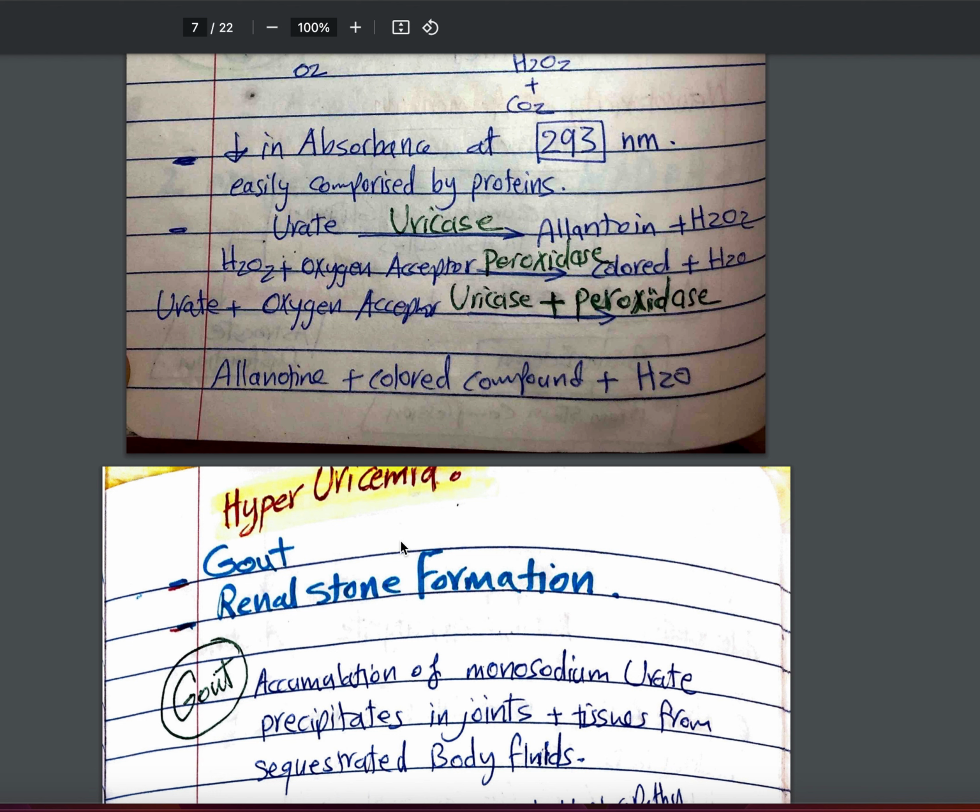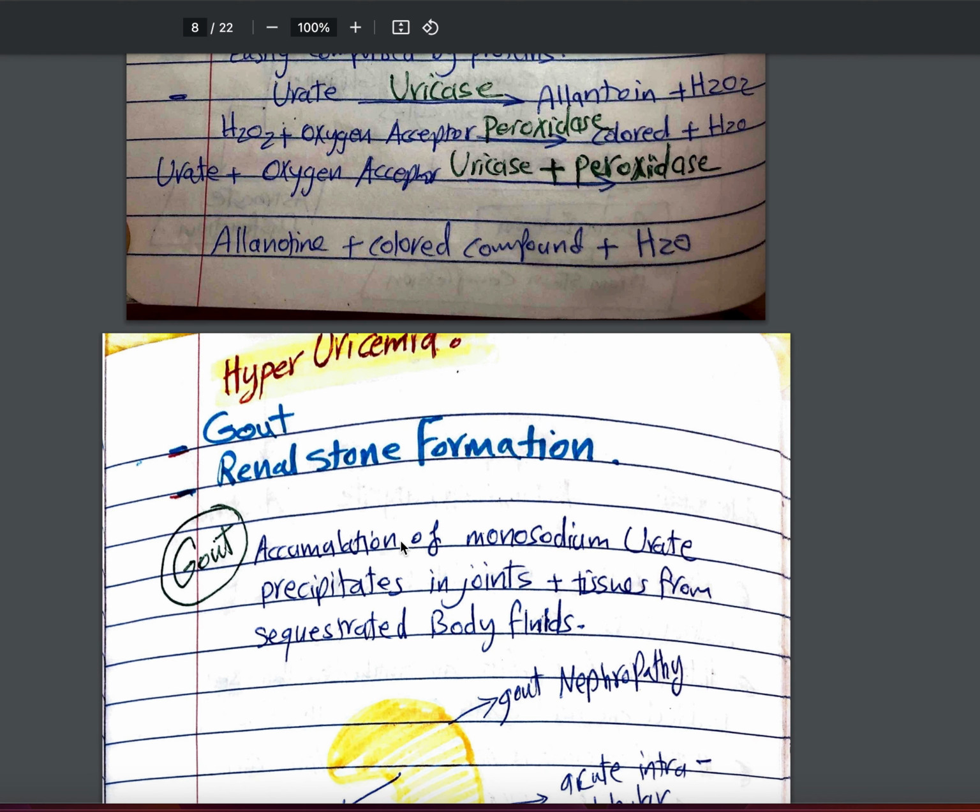Gout is the disease that is due to the accumulation of monosodium urate precipitates in the joints and tissue, appearing first in the big toe, because urate precipitates at low temperature, and the body part with the lowest temperature is the big toe of our feet, so these symptoms appear first on the big toe.